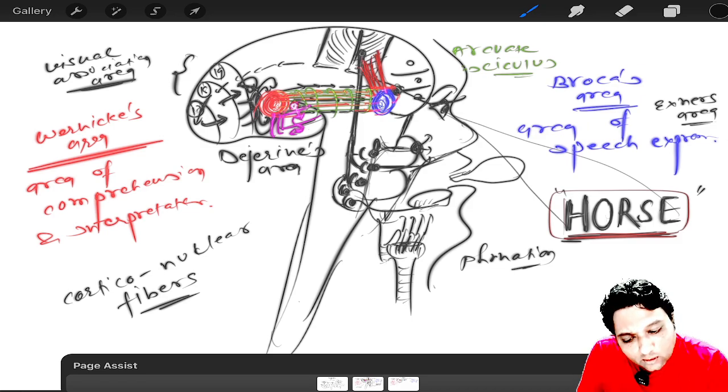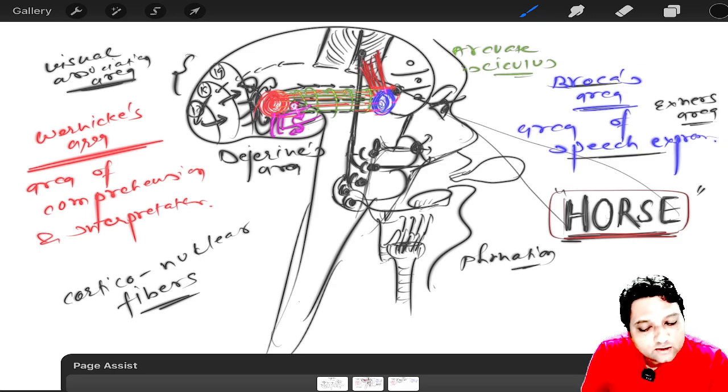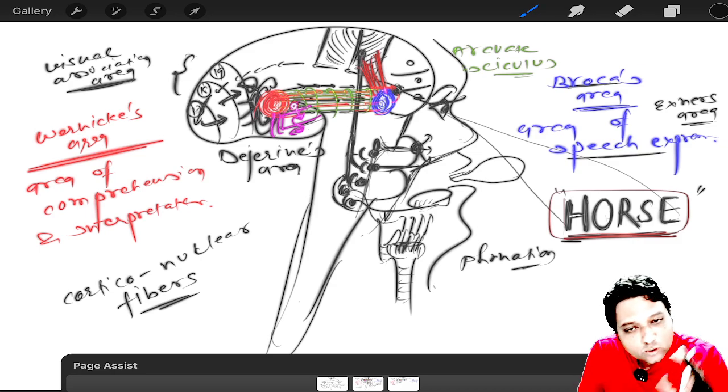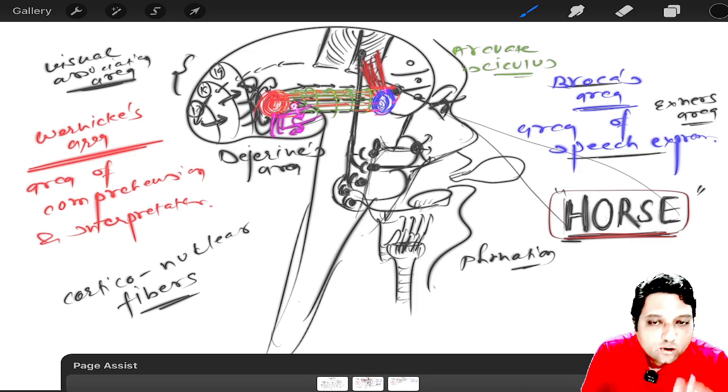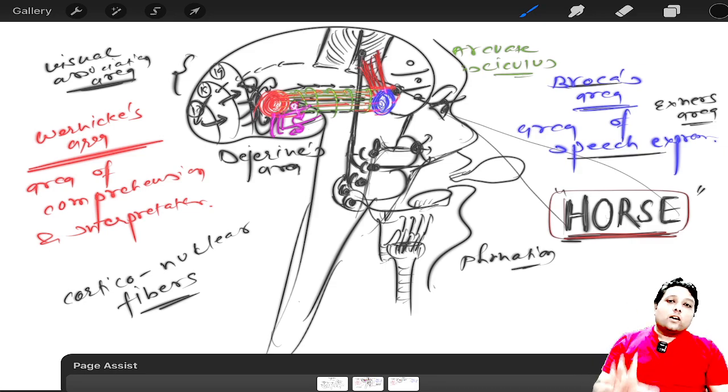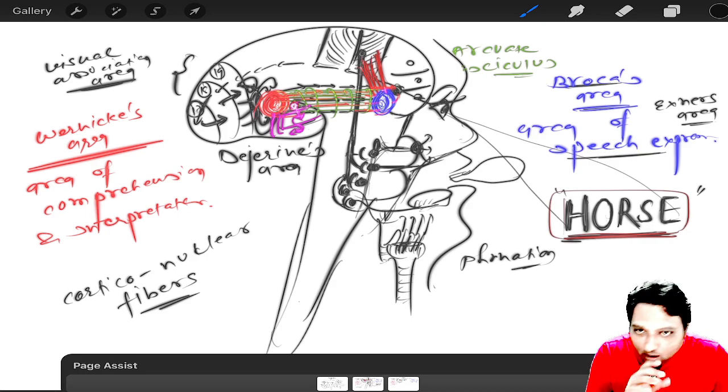So Broca's area is also called expression of speech. Why? Because fibers from Broca's area are projected to the motor cortex, which is responsible for the movement of muscles responsible for production of speech.